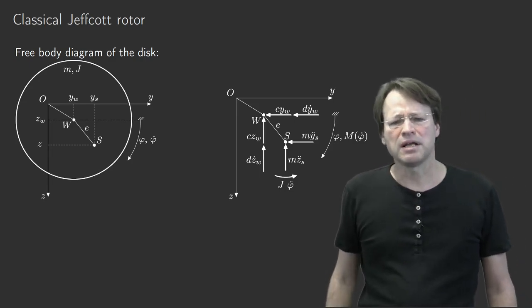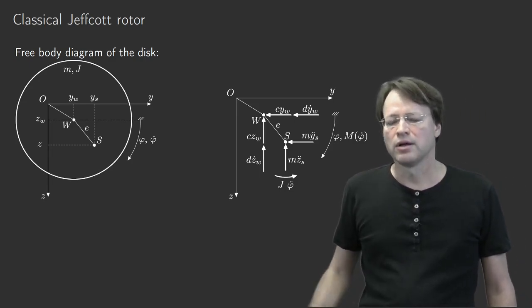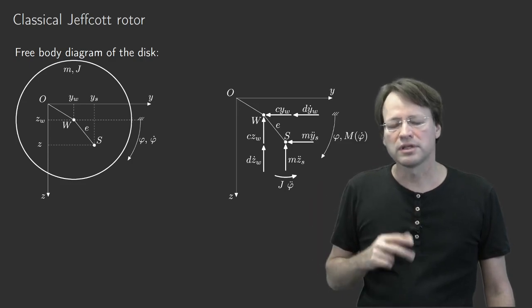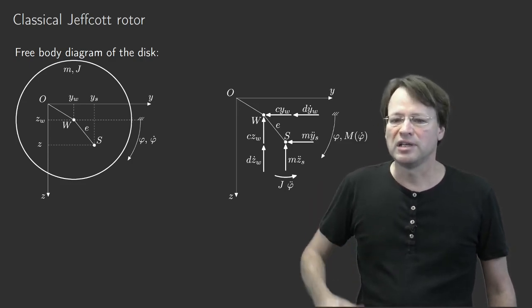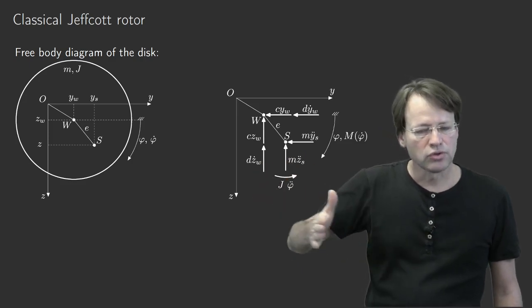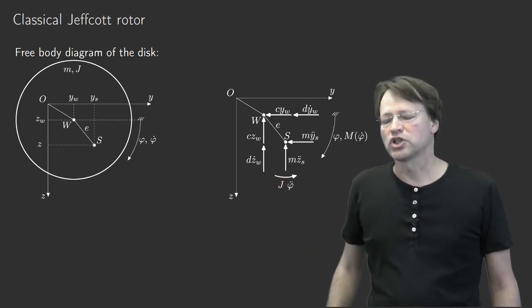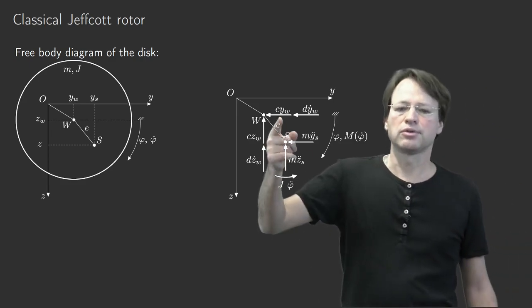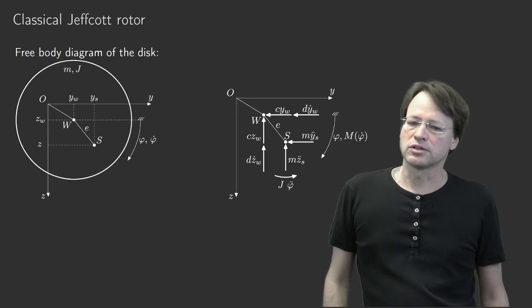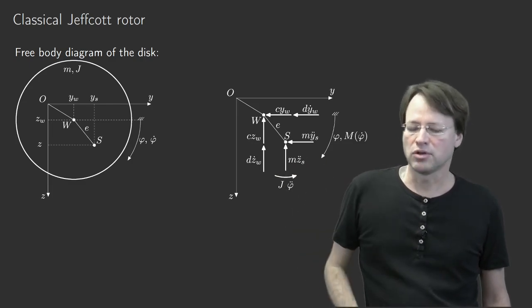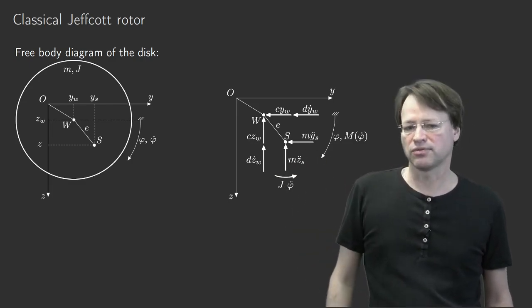Why do we need a balance of angular momentum here? Well, because we have in total 3 degrees of freedom. 2 degrees of freedom relate to the bending motion, to the bending displacement of the shaft. So basically, for example, to the coordinates y sub w and z sub w. The other 2 coordinates of the point S can be computed from kinematic relationships from these points.